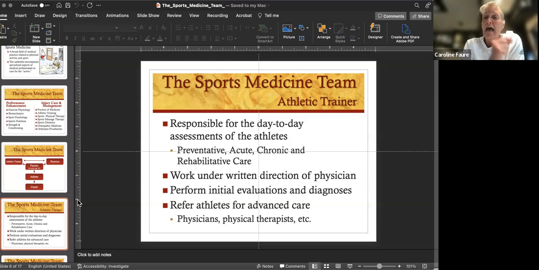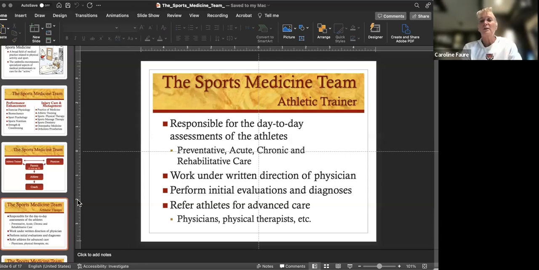This is not something that happened suddenly. It's something that happened progressively over the course of a couple of weeks. With kids running on uneven surfaces or what have you, just not being properly conditioned, or the weather not being good, it was cold outside, and this nagging shin pain or muscle pain progressively got worse. So that's what we talk about with chronic injuries. See those a lot in running sports.